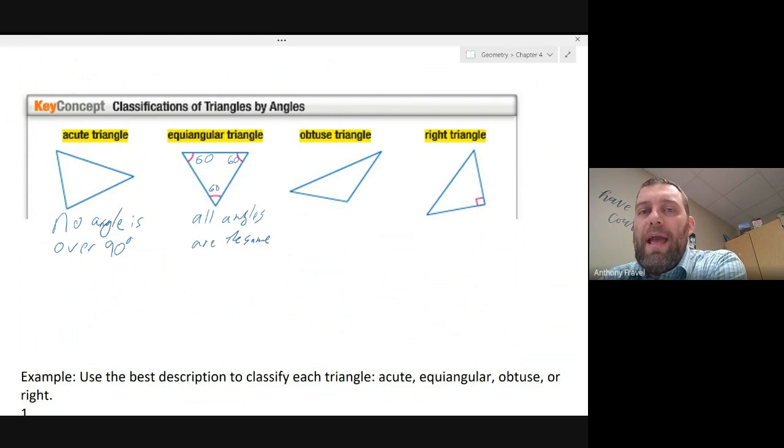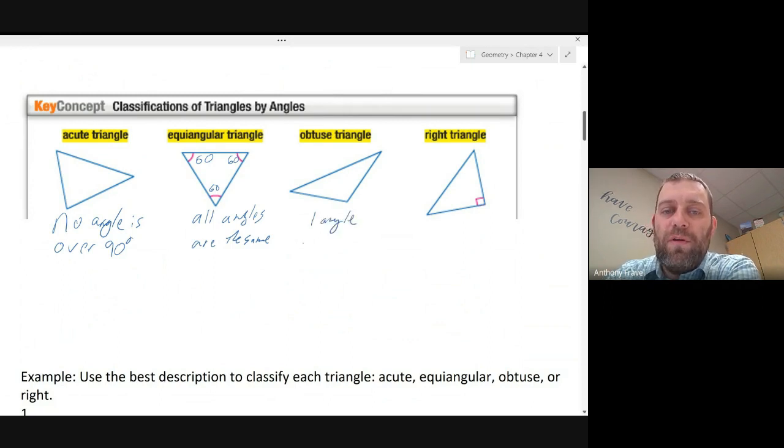All right. In an obtuse triangle, there will be one angle that is bigger than 90 degrees. It has to be bigger than 90. It cannot be exactly 90.